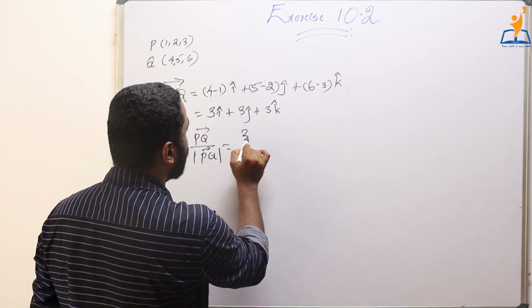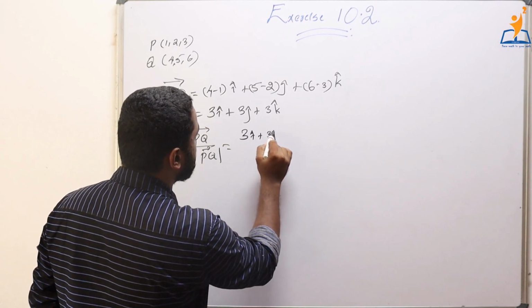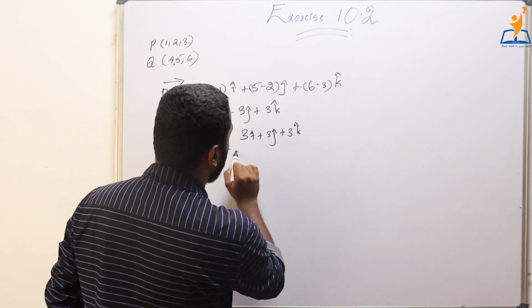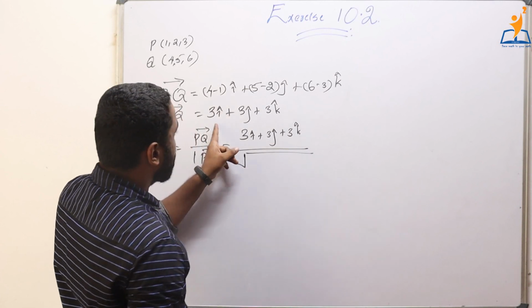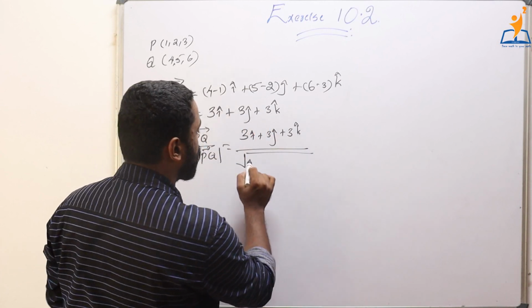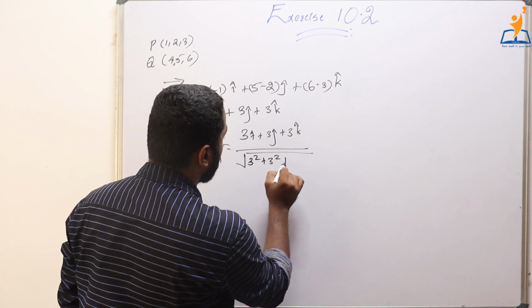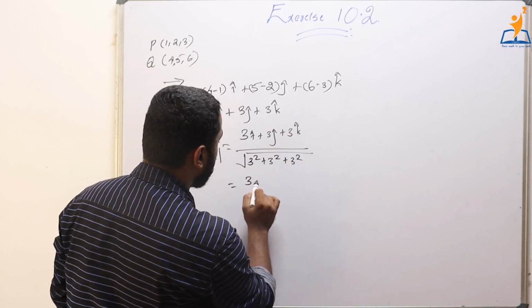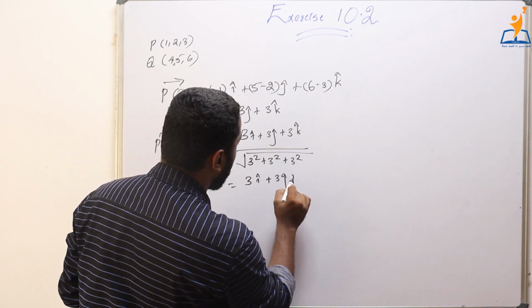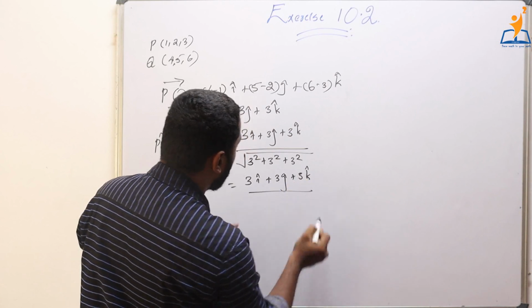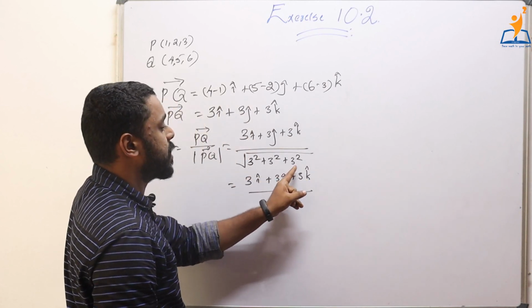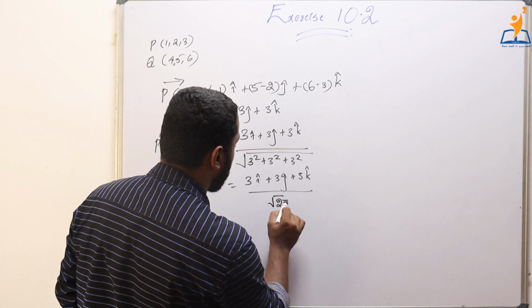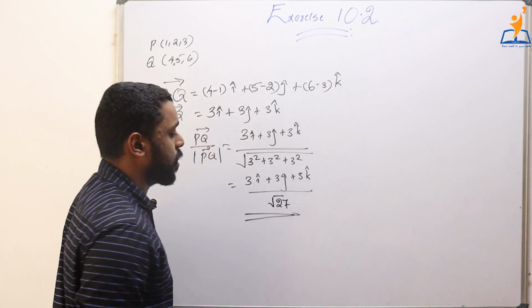It is equal to 3 i cap plus 3 j cap plus 3 k cap divided by the square root of 3 square plus 3 square plus 3 square, that is 9 plus 9 plus 9, 27, root 27. So this is our answer.